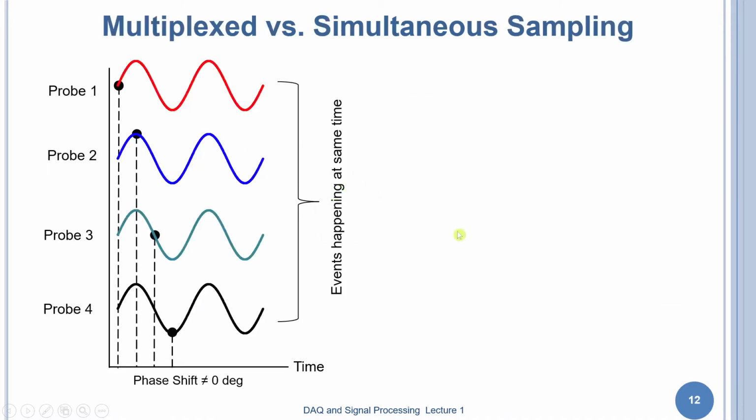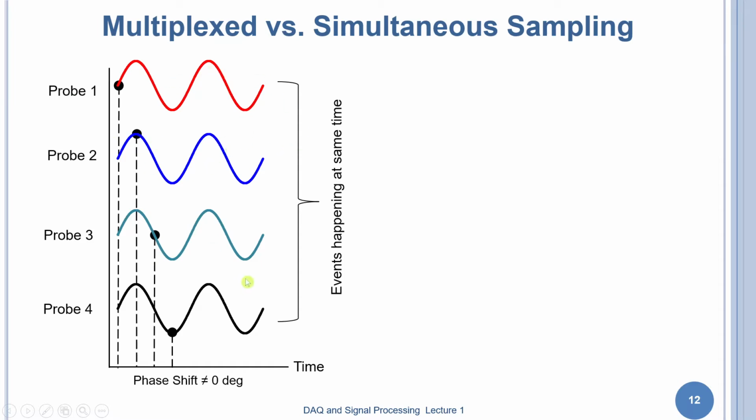So let's look graphically at how this works. In the case of multiplex sampling, consider four events which are happening at the same time, and you are going to use four different probes to measure those events.